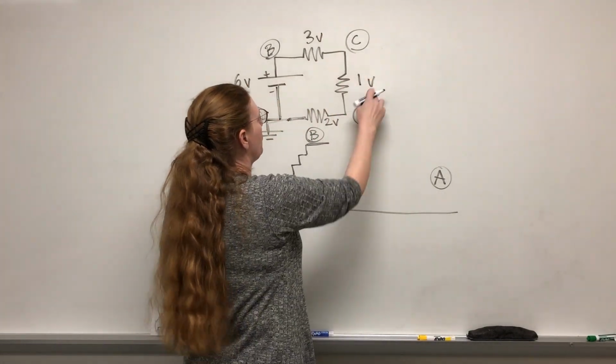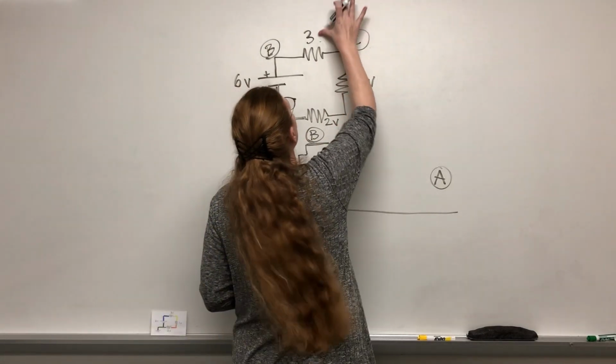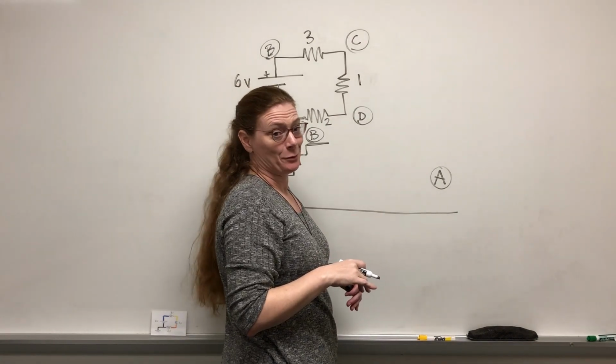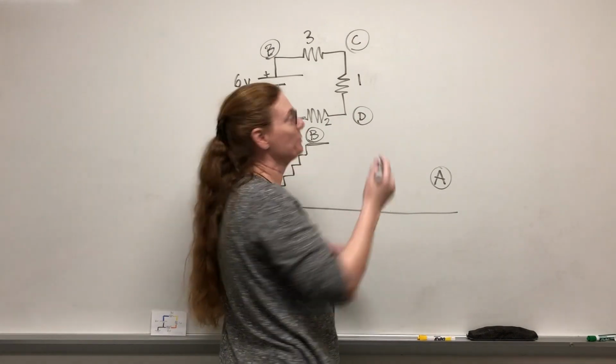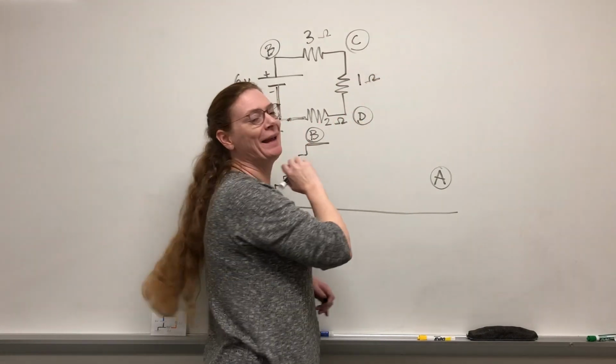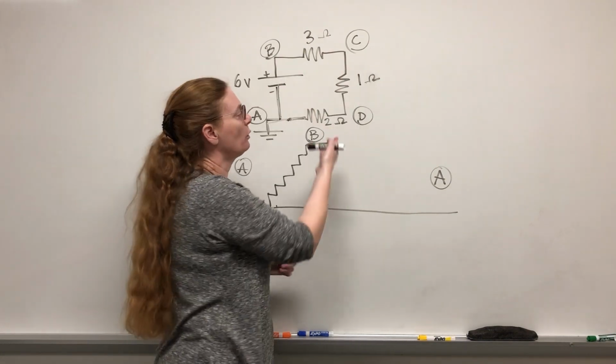And I just realized I messed that up. Let's fix that to be what a resistor is. A resistor isn't volts. What's a resistor? Ohms. Okay, there we go. That looks better. So now I've got 6 total ohms.